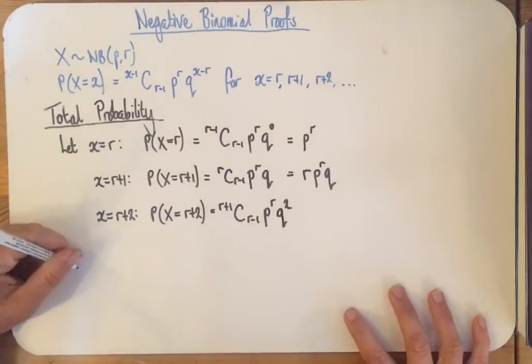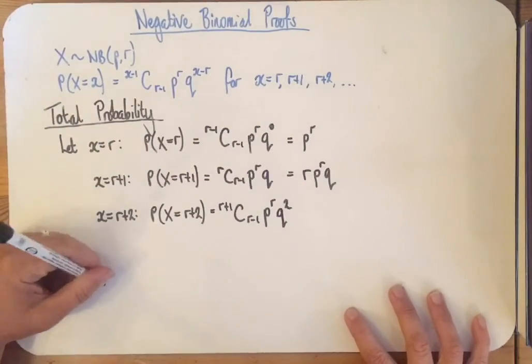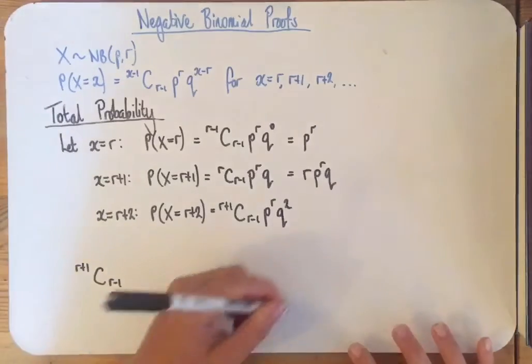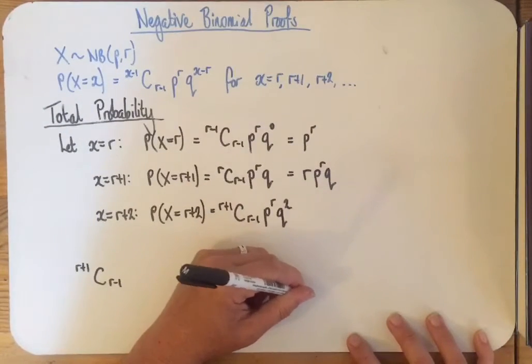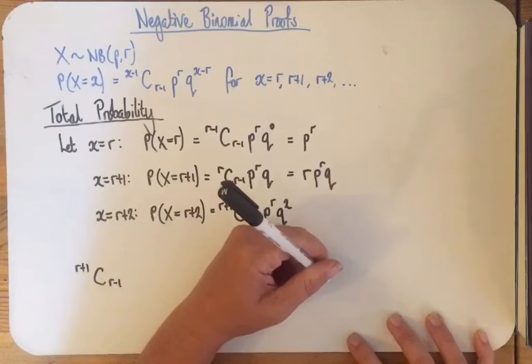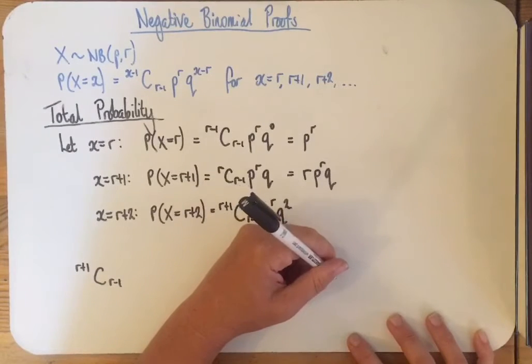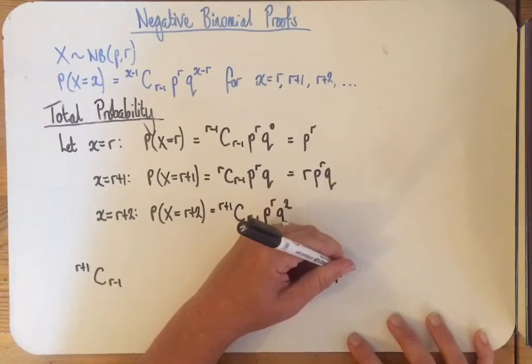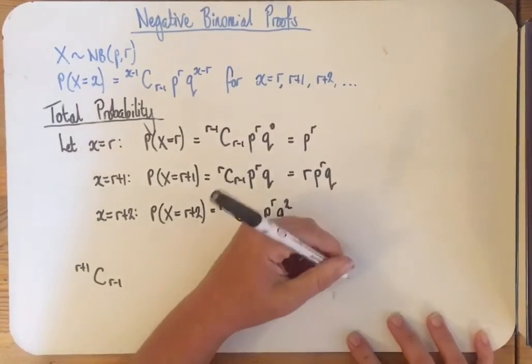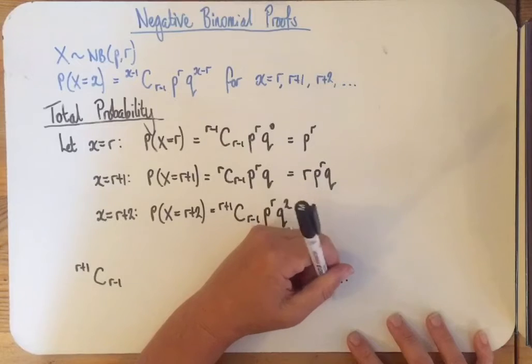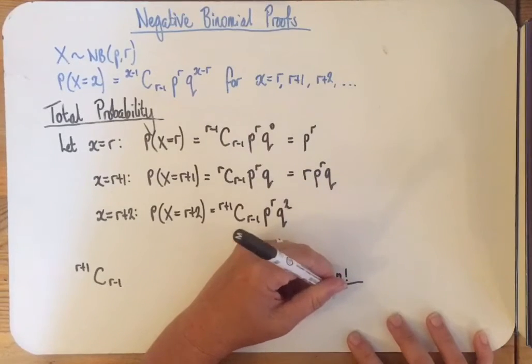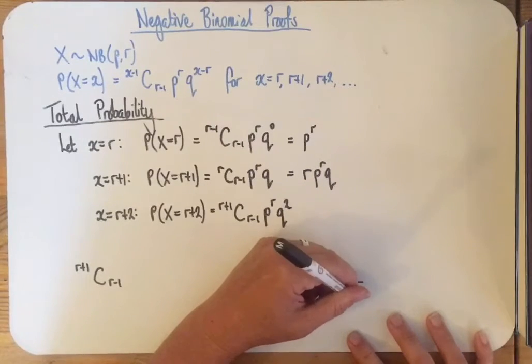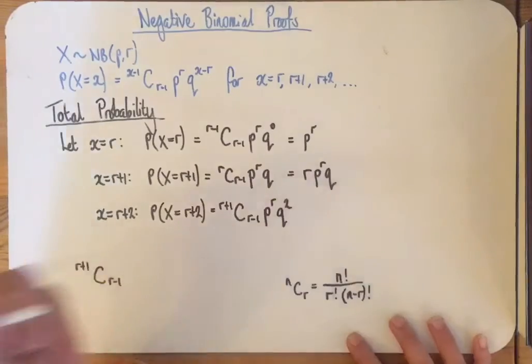So to sort out this r plus 1 choose r minus 1, I think we're going to have to use a formula. So the formula for n choose r is n factorial over r factorial n minus r factorial.